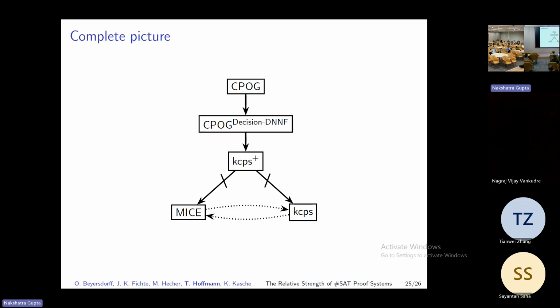Okay, and this basically finishes our complete picture here. So this is the result from our paper, and I hope you have a nice intuition, or a brief intuition at least, of how these systems work, and how these separations work as well.